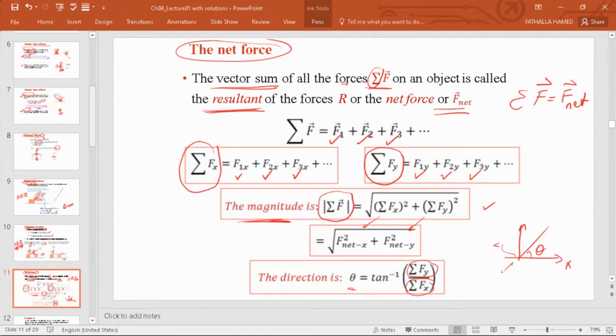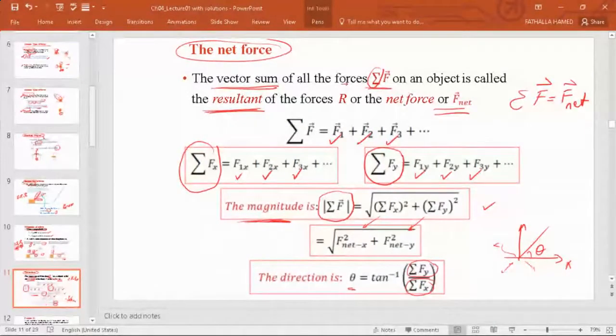And if you are in the third quadrant, where your x component is negative and the y component is negative, you add 180 degrees. And if you are in the fourth quadrant, where the x component is positive but the y component is negative, you add 360 degrees.